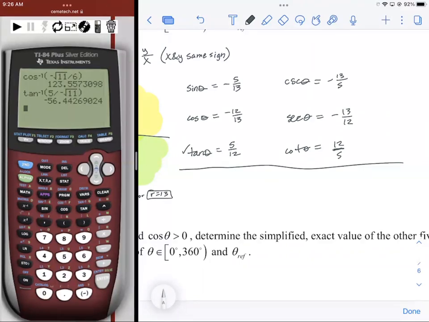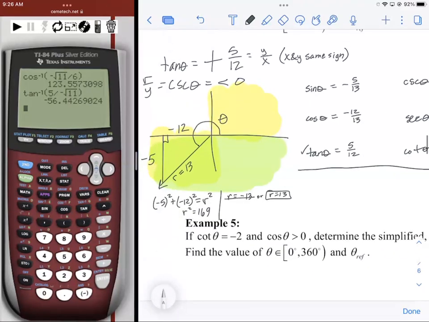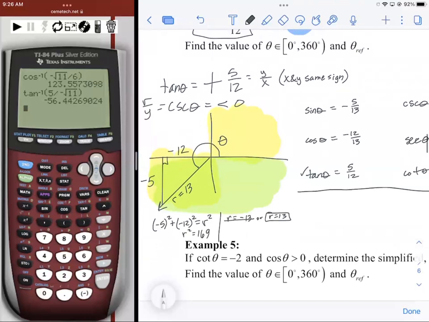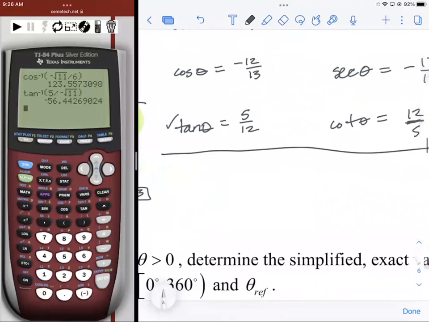If we made a careless mistake on the Pythagorean theorem, the other two could be wrong and we don't even know it at this point. So I'm going to choose that one. Tangent of theta is 5/12. Now I'm going to take the inverse tangent of both sides. We don't have to show that step. We just show this step: theta is inverse tangent of 5/12.